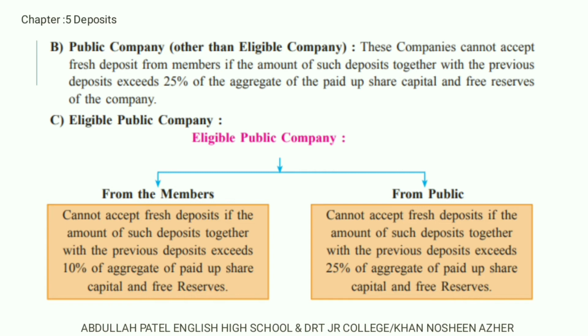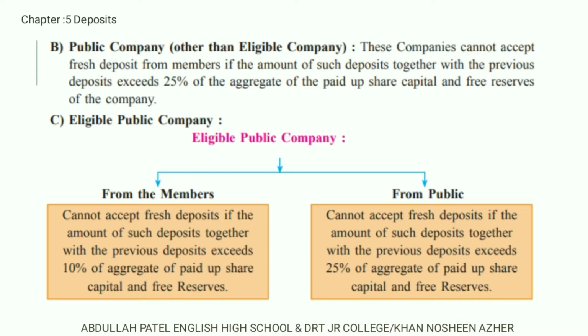Now the next type: a public company without eligibility, that is, other than eligible. Eligibility relates to two conditions, one of which has to be fulfilled by a public company to get eligibility. The first condition is net worth, which should be 100 crore or more. The second condition is that the turnover of the company should be 500 crore or more.